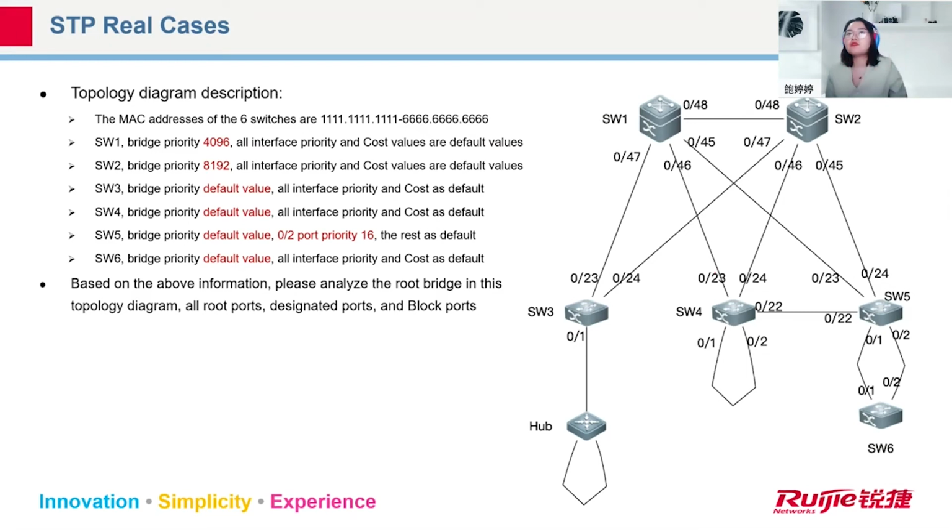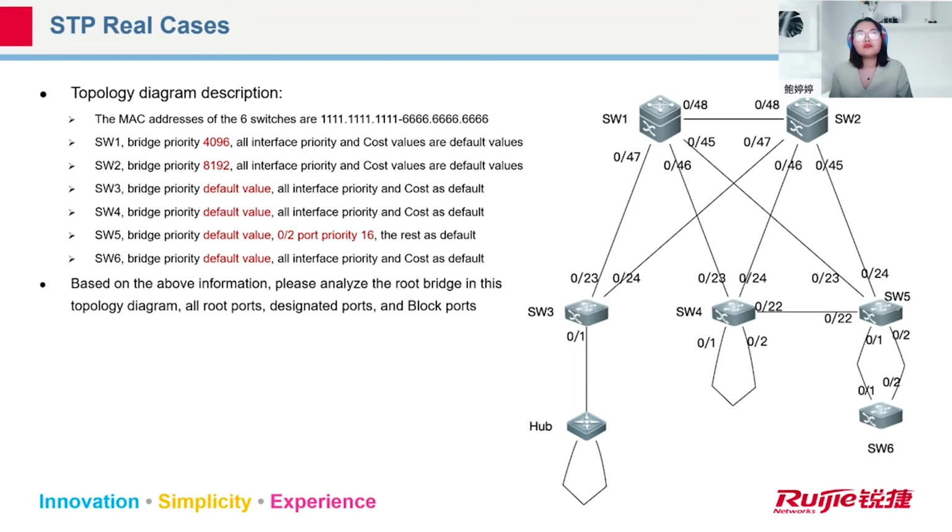For example, I think switch 1 has higher reliability and higher performance, and I hope all the interfaces can follow its traffic. So in this scenario, you need to change some priority or other parameters in the switch. Otherwise, for example, if you change switch 5's priority to 0, this switch will become the root bridge, and the other high bandwidth interfaces may be blocked. This is a waste of bandwidth.